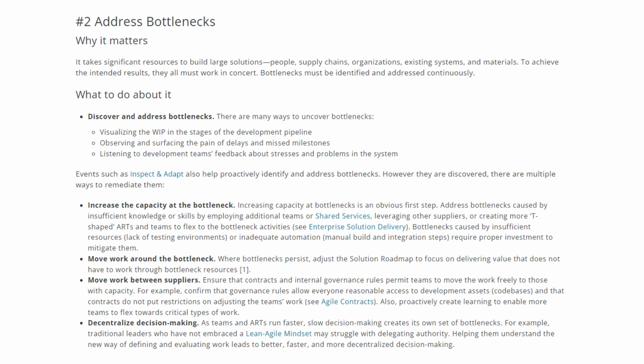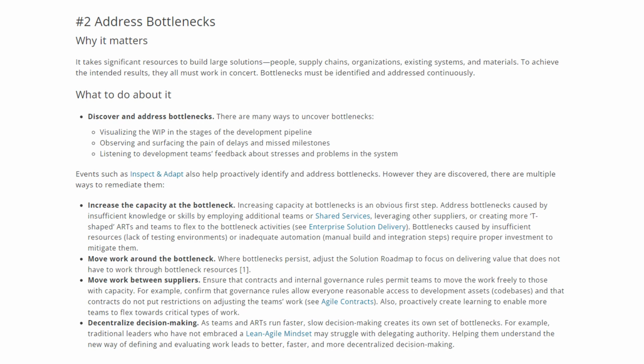The second option, move work around the bottleneck. When a bottleneck persists, adjust the solution roadmap to focus on delivering value that does not have to work through bottleneck resources. The third option could be to move work between suppliers. Ensure that contracts and internal governance rules permit teams to move the work freely to those with capacity.